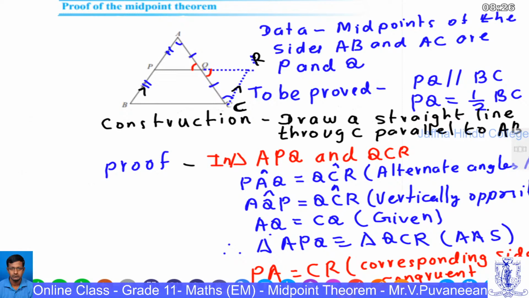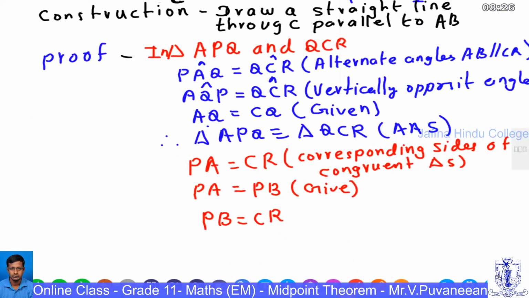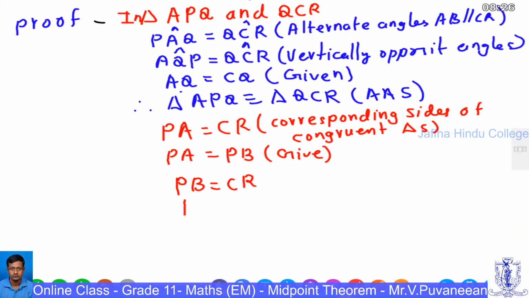Now PB equal CR and PB parallel to CR, because of the construction we made: draw a line through C parallel to AB. So PB parallel to CR, construction.